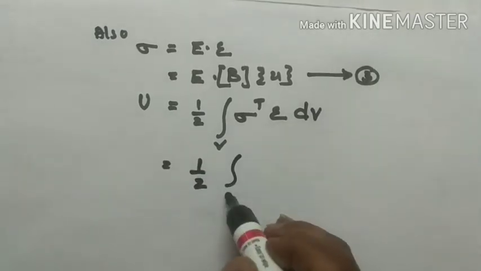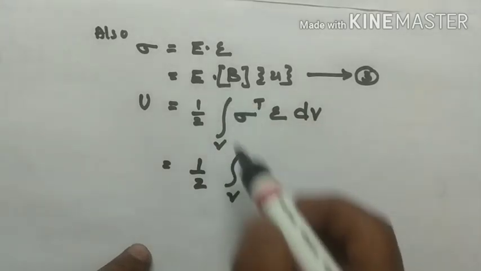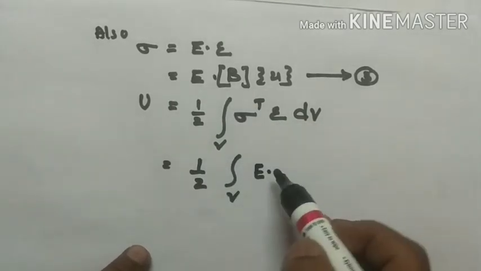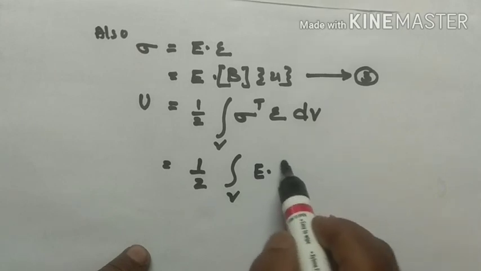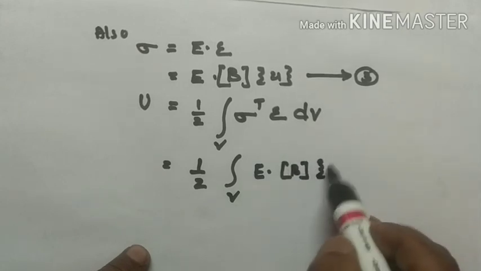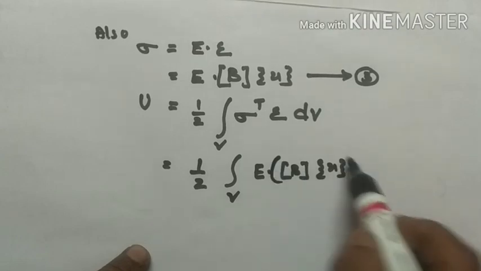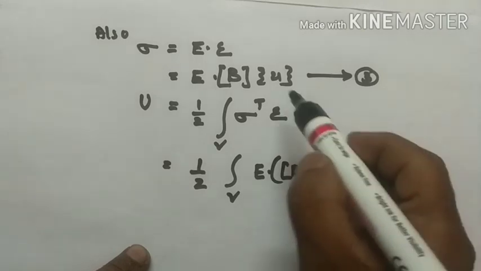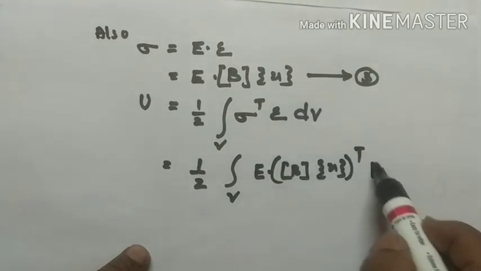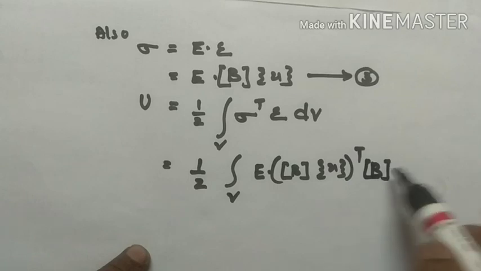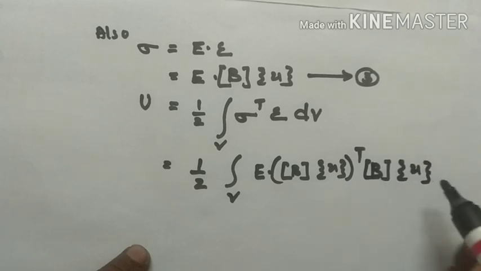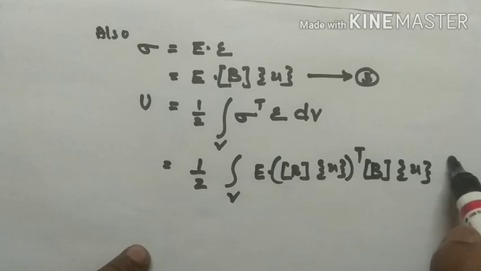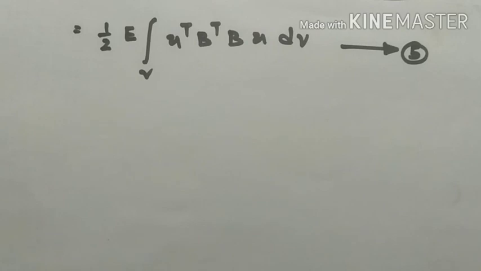This is half into integral V, and for stress we have E into B into U, transpose, into, for strain, we have B into U, and dV. This is the expression for strain energy.